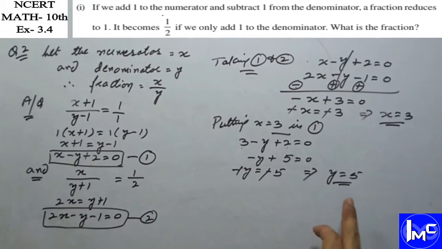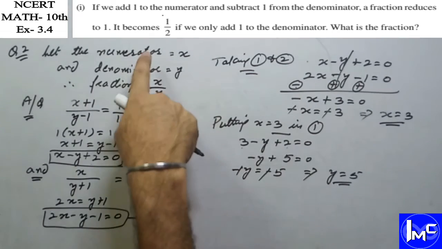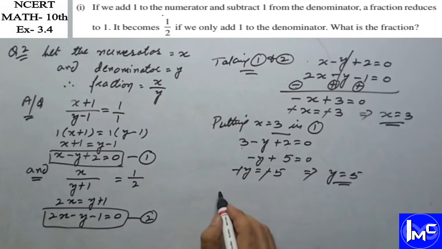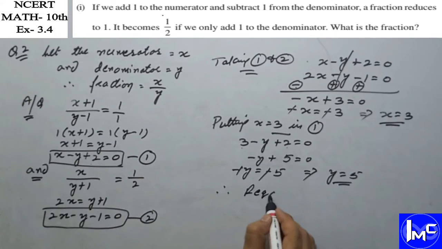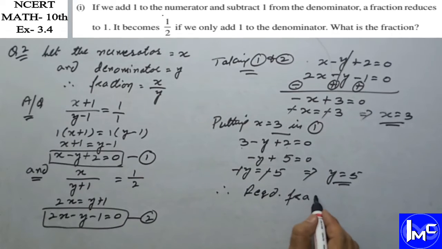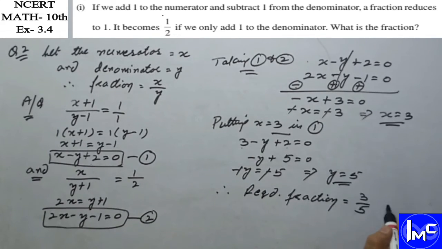And what are x and y? These are the numerator and denominator of the fraction, therefore the required fraction is x over y, that is 3/5.